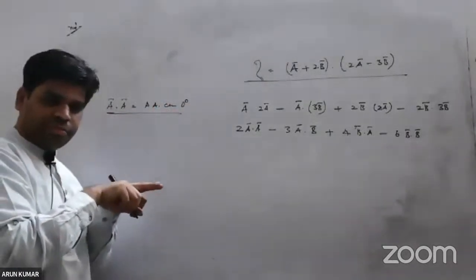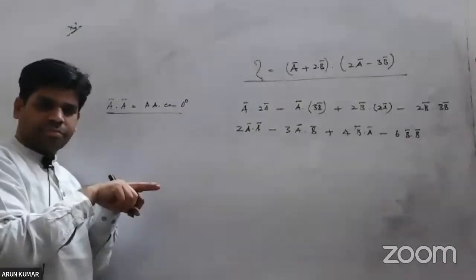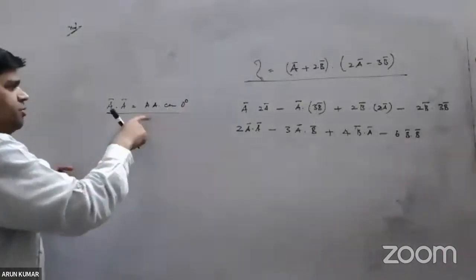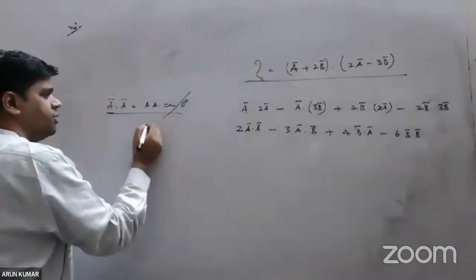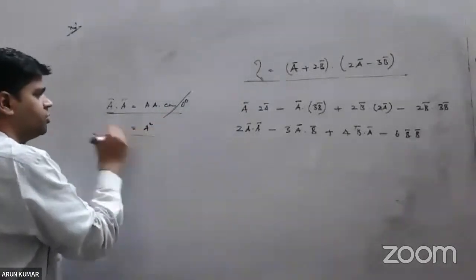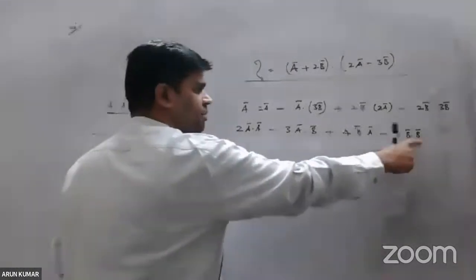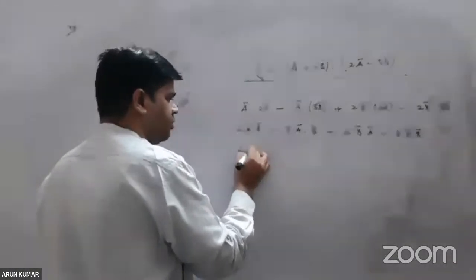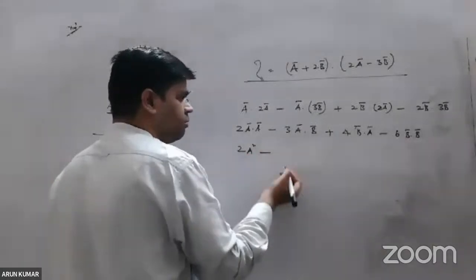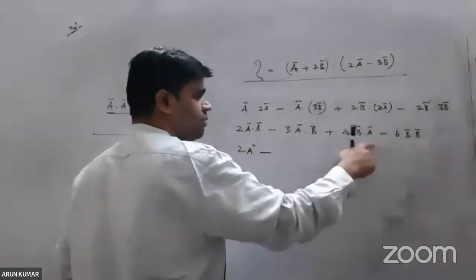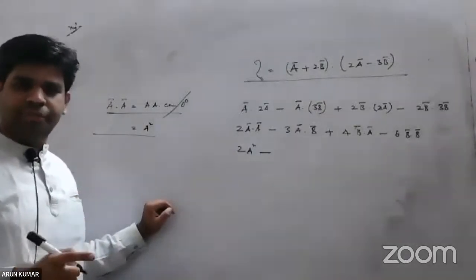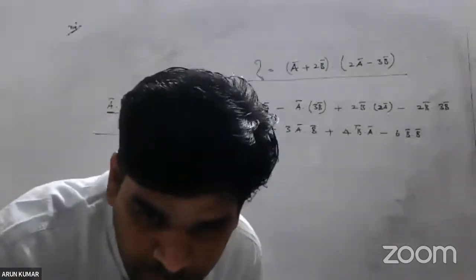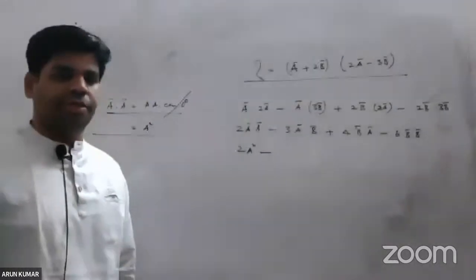The angle between a vector and itself is 0 degrees. Cos 0 is 1, so A dot A is A square. Similarly, B dot B is B square. So I'll write 2A square minus, I know A dot B is equal to B dot A. Dot product is commutative.